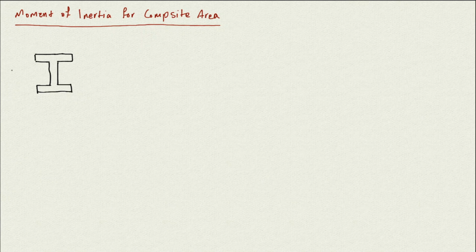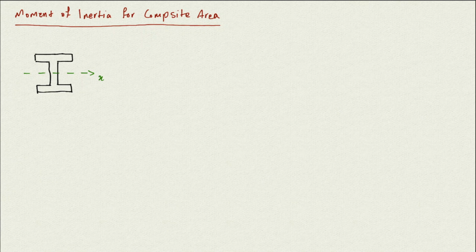One way is to go ahead like before and do the calculation. The other way is to break it into a couple of sections. Assume I want to calculate the moment of inertia about this x-axis.